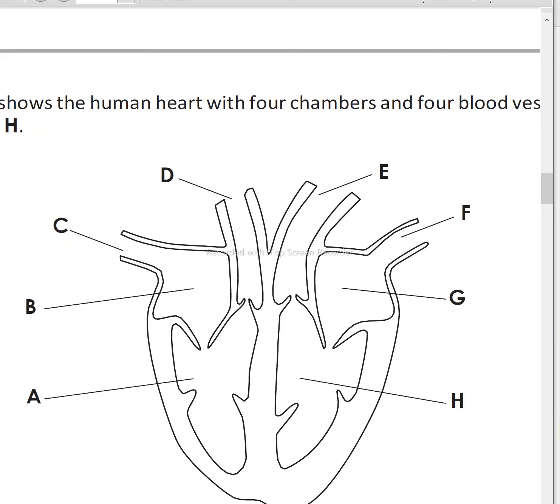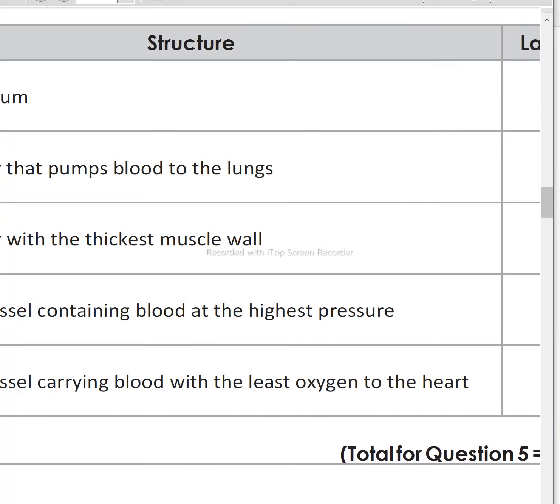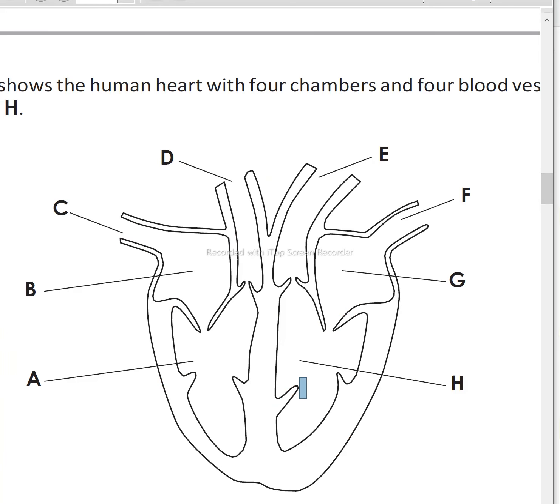So here you have an exam question. Here's an example. Let me just try to get my head around this. Okay, the blood, just bear with me.